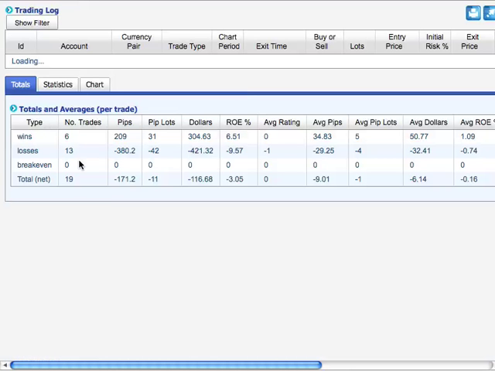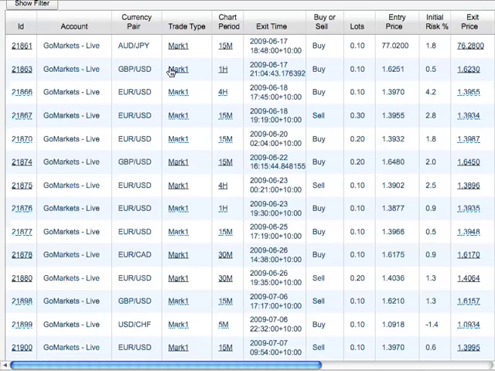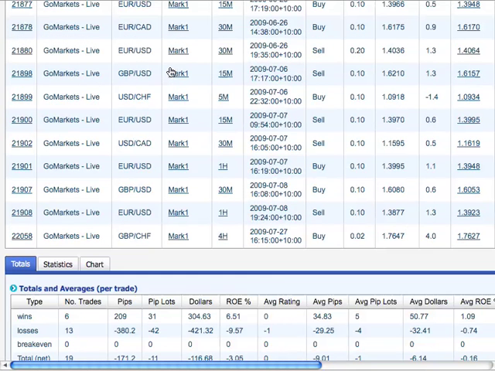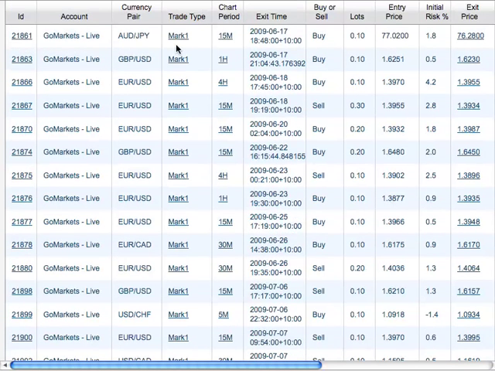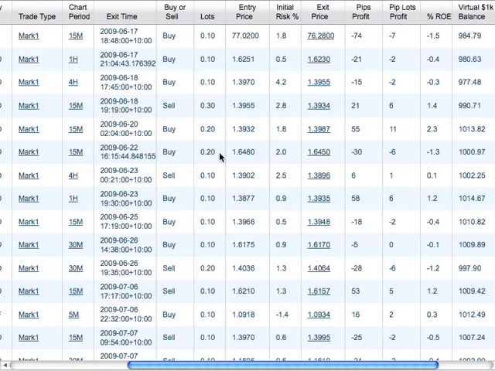We have some totals shown here and a list of all the trades that we made under that Mark 1 trade type. We can see the currency pair that was traded, the chart period, exit time, whether it was a buy or sell, how many lots we traded, entry price, the initial risk, and exit price.